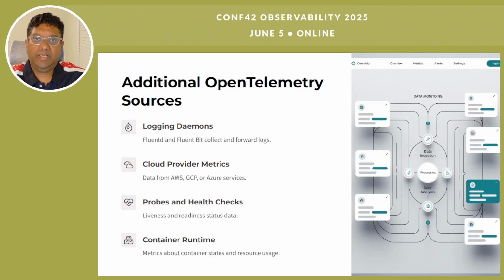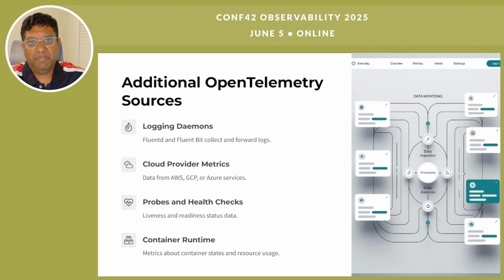And the other sources for OpenTelemetry are logging daemons like FluentD and FluentBit, which collect the logs from the containers within the Kubernetes cluster and forward the logs to OpenTelemetry.